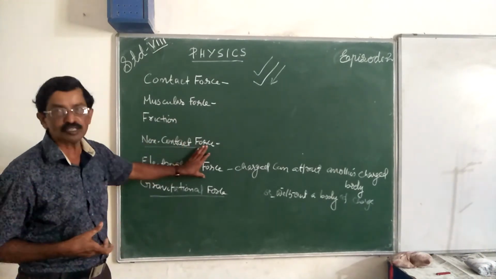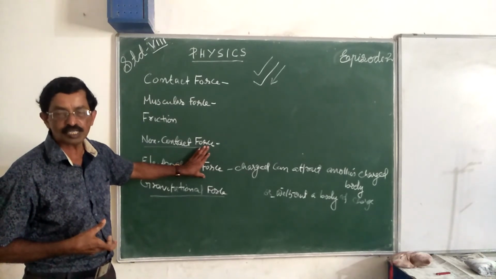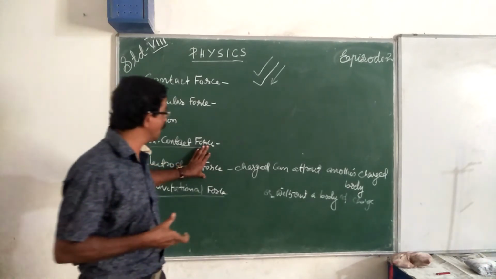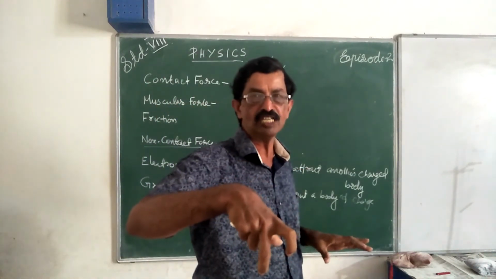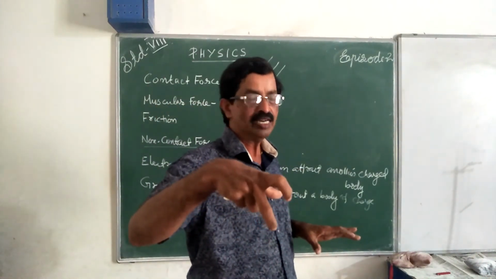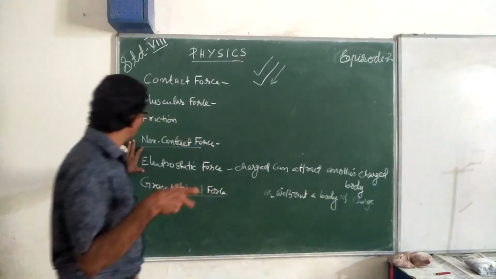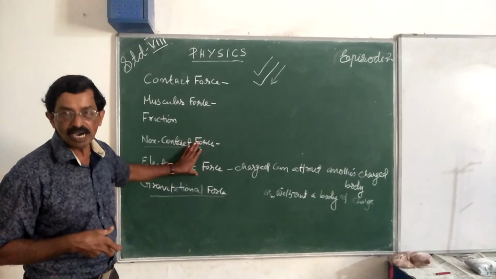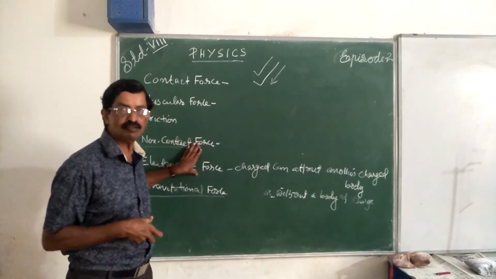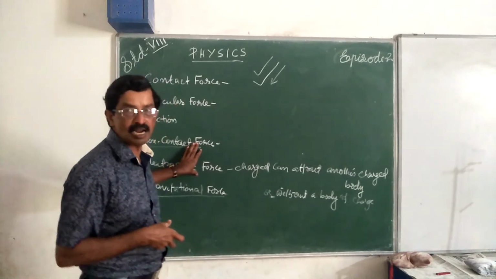Similarly, electrostatic force is also an attractive force when two unlike charges, a positive and a negative charge, come close to each other. But if a negative and negative or a positive and positive, they repel each other.